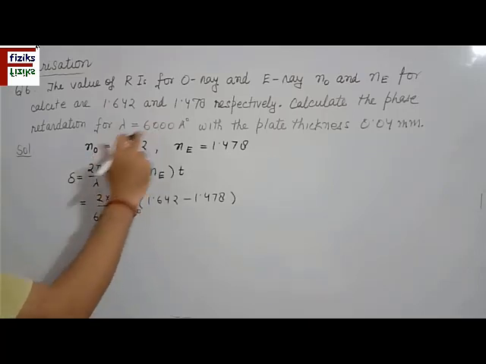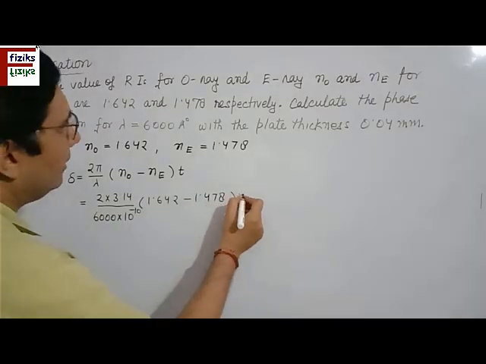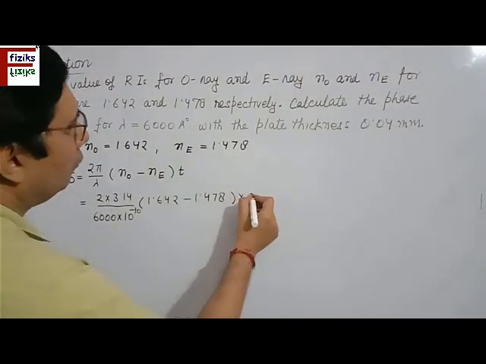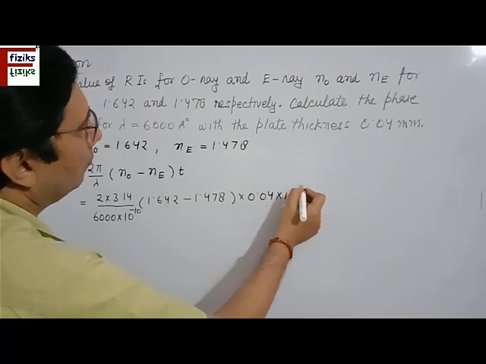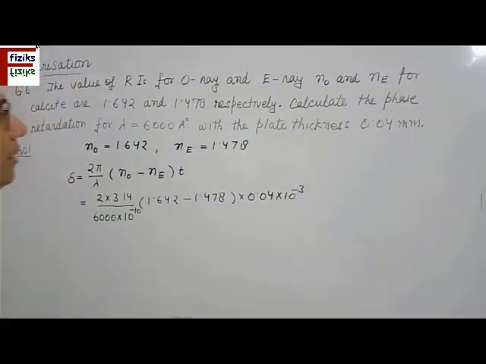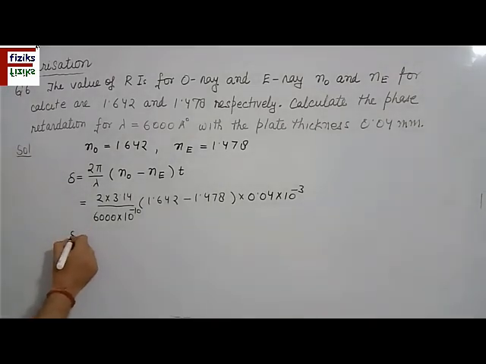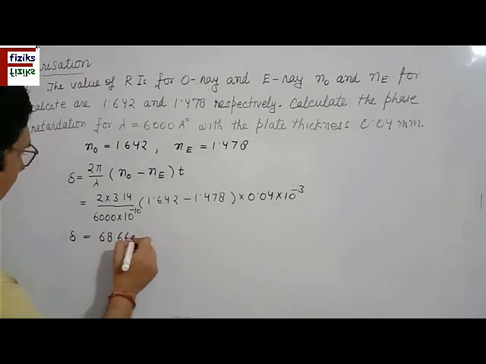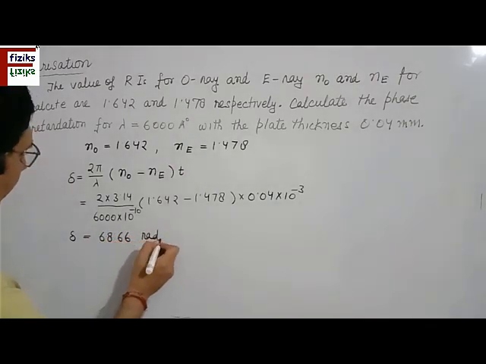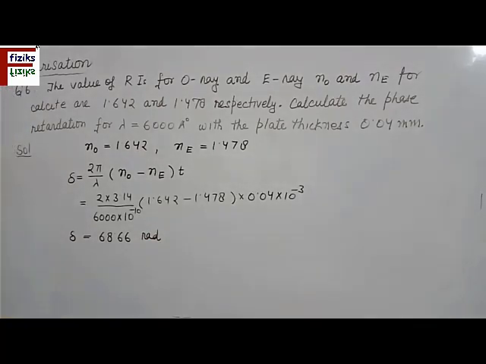So convert this lambda into meter and multiply by T. T here is 0.04 millimeter, so I will convert into meter by multiplying by 10 to the power minus 3. So by solving these values, we get that delta comes out to be 68.66 radian. So much of phase is introduced by this plate.